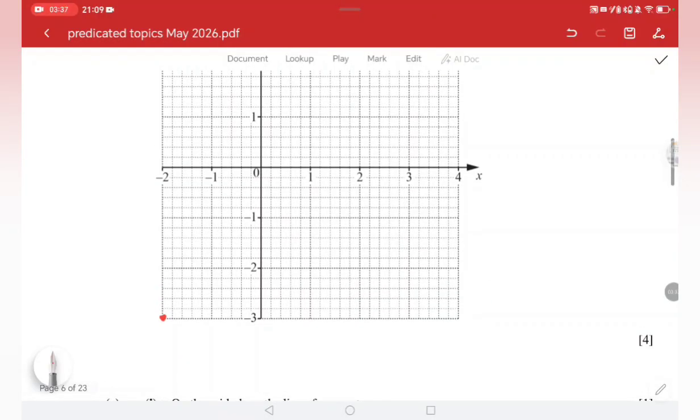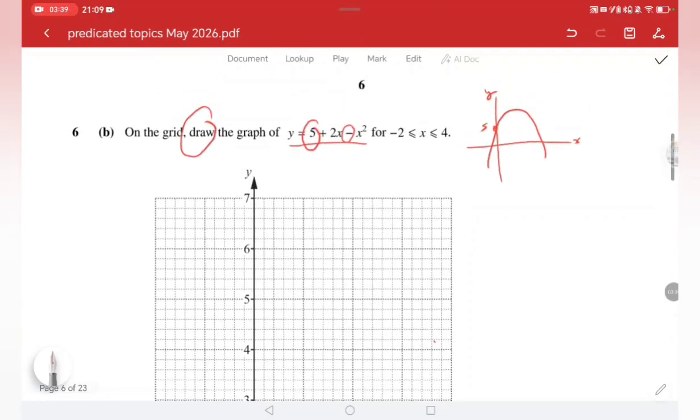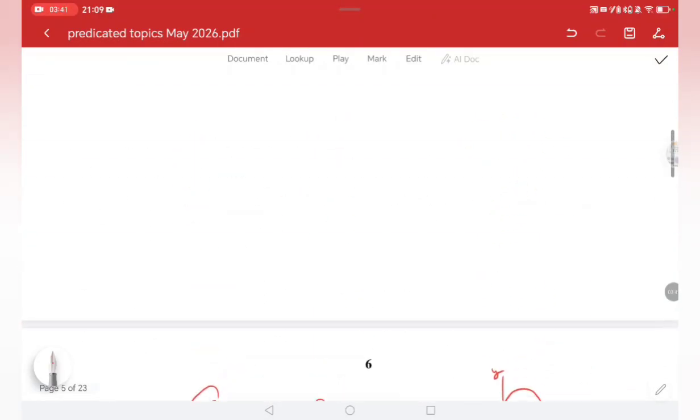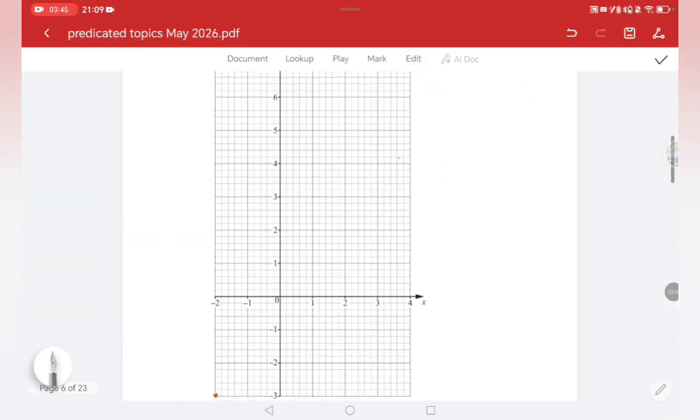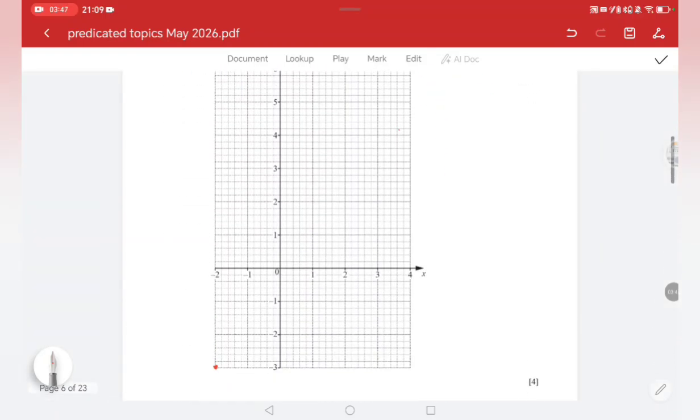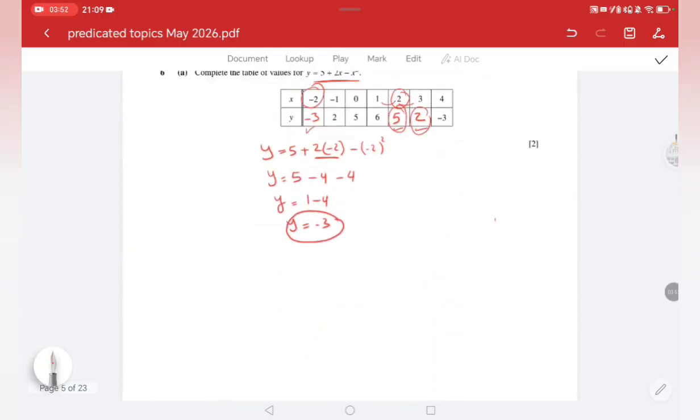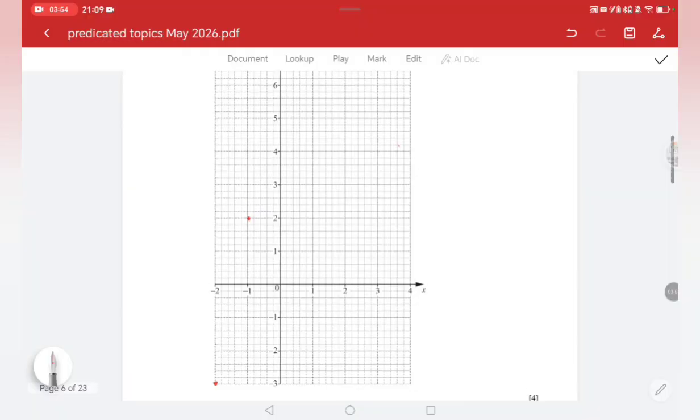Okay, so first point -2 and -3, and next point is -1, 2, and then 0, 5. This is the y-intercept.